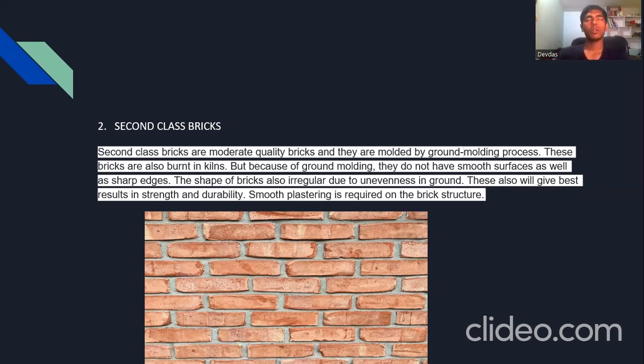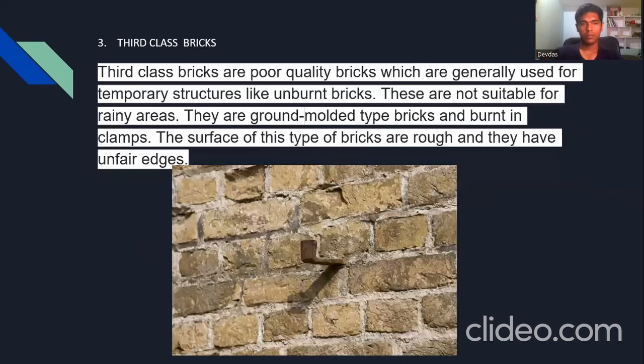These have about 10 to 12%, or maybe even 15%, water absorbent properties. The same thing: you dip the brick in a vessel of water, then about 15% of the brick is filled with water.